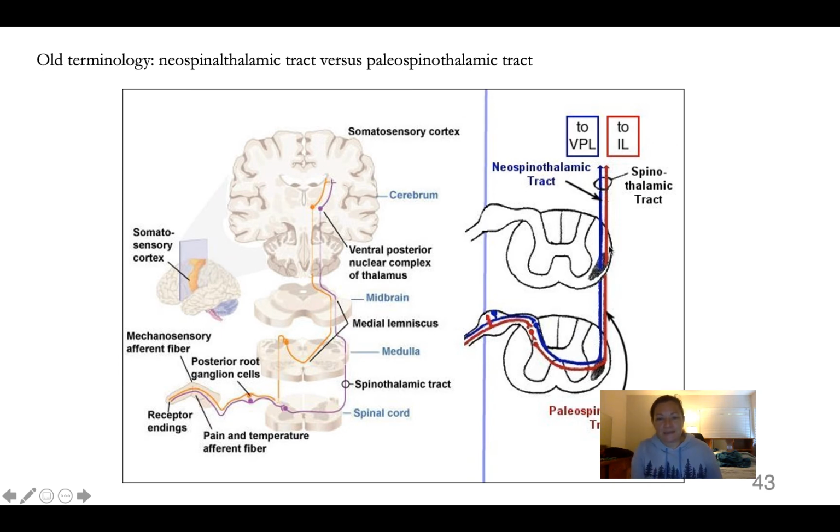The paleo-spinothalamic tract are axons that travel alongside the VPL-bound axons, but actually synapse in intralaminar nuclei of the thalamus. And so they transmit different, still nociceptive information, slightly different electrophysiologically, you can see by the multisynaptic pathway, and qualitatively different nociceptive information.